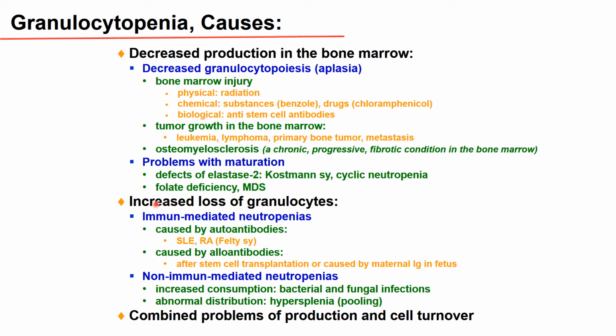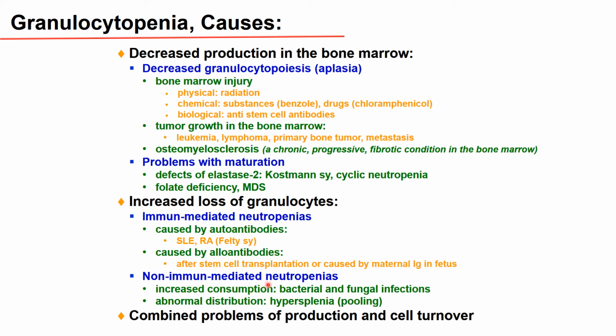And we can have an increased loss of the granulocytes. Immune-mediated ones, I already mentioned, systemic lupus erythematosus, rheumatoid arthritis, for example, or alloantibodies, for example, which usually develop after stem cell transplantation.